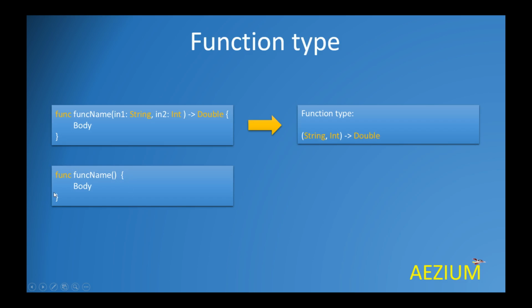For a scenario like this, where we don't have any input parameters or return parameters, the type is shown like this, where we are saying that this function has no input and the output type is of type void.